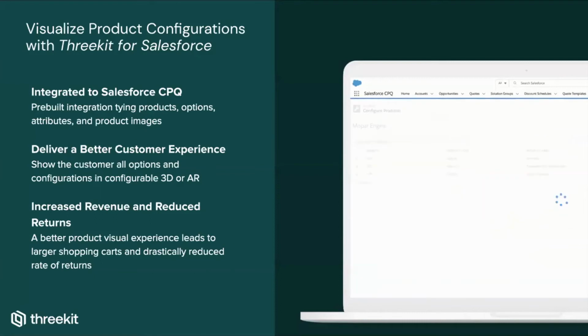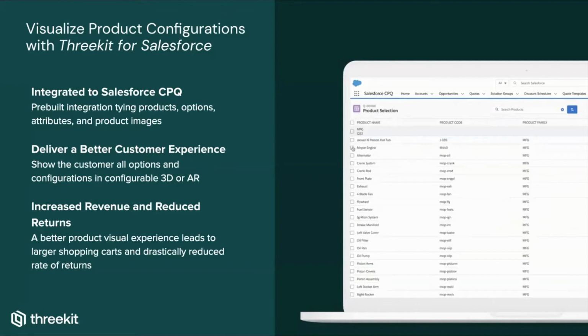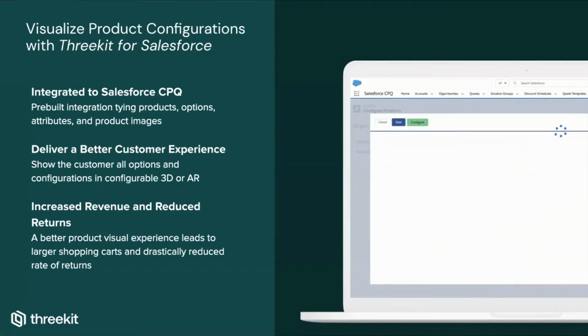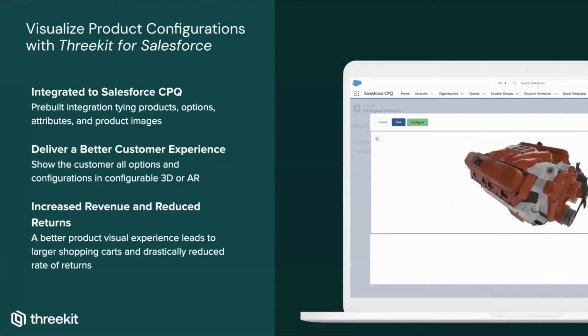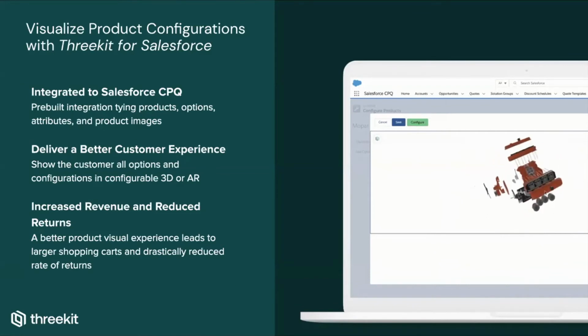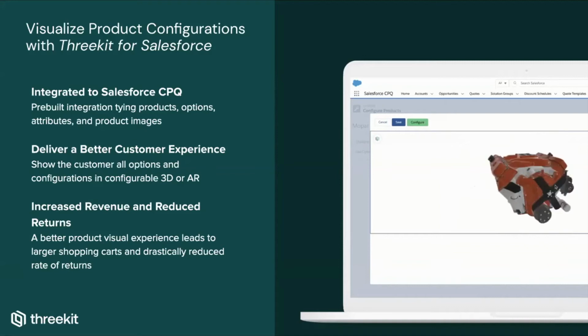So now they can place that into their space to make sure that it is actually going to fit. And then what we're also seeing is that by enabling this interactive experience, we see larger shopping carts or larger quotes and increased conversion rates just by nature of the customer actually having a much better, deeper understanding of the product that they're purchasing.